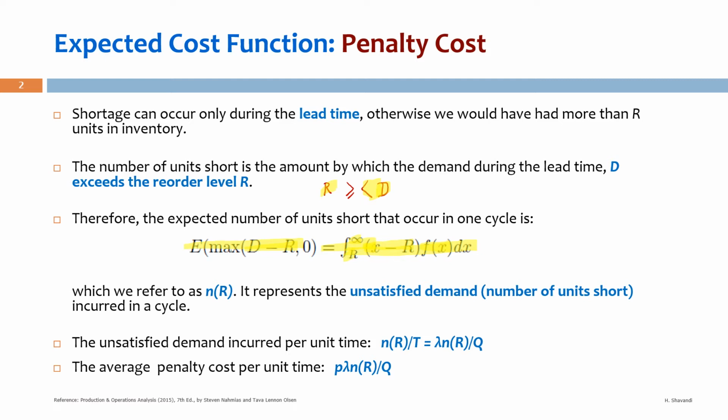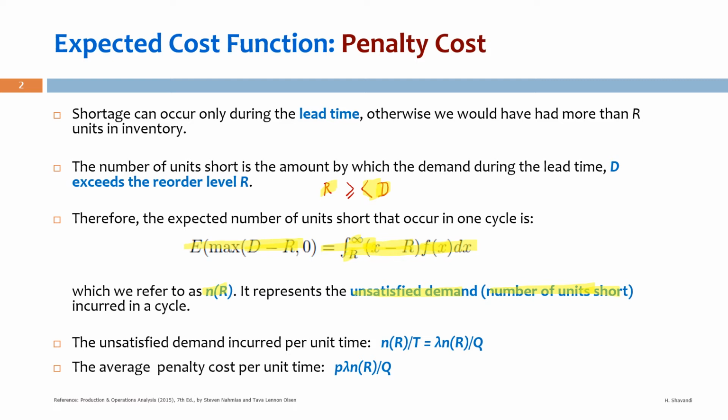Okay. So here, let's show this expected number of shortage by N(R). N(R) is the expected number of units short during the lead time, or we can say unsatisfied demand. And that's for one cycle, I mean, during one period of the lead time.